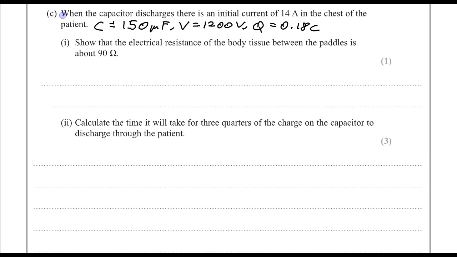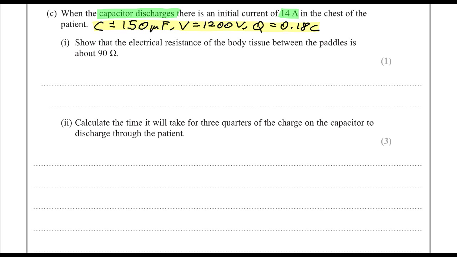In part C, we are told that when the capacitor discharges, there is an initial current of 14 amps in the chest of the patient. These are the values we have from before, and I'll keep them there because they might be useful.